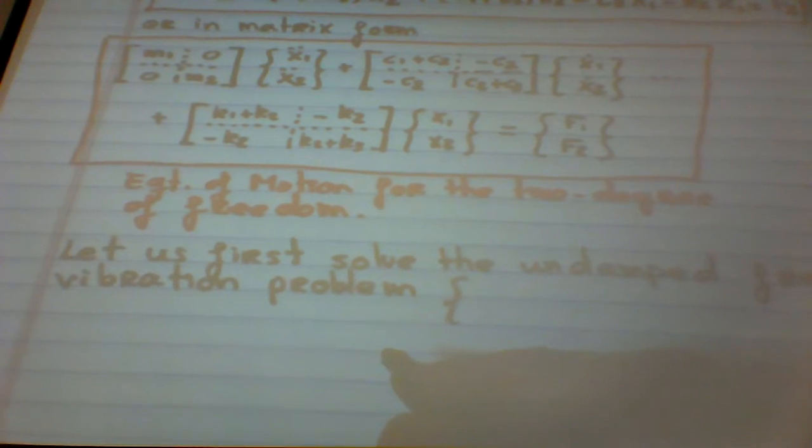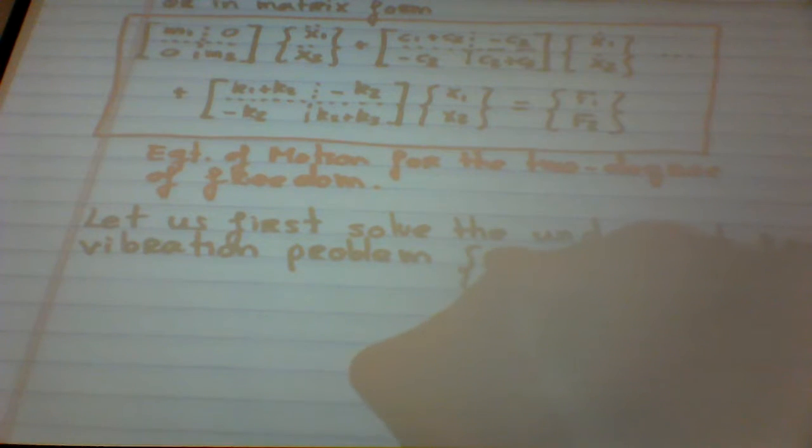If it's undamped, what does that mean? C1, C2, C3 equal 0. And if it's free, F1, F2 equal 0.